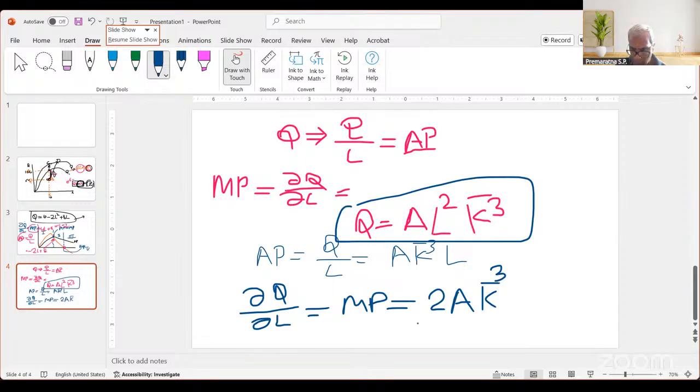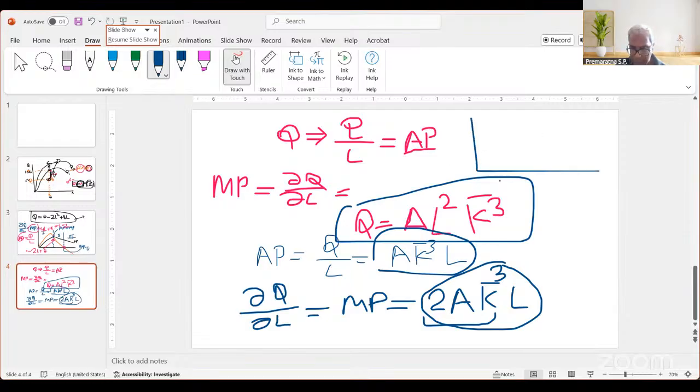All of them are constant terms again, and L. Now you have the average product and the marginal product. So with real values you can get them, and then you can find a relationship.